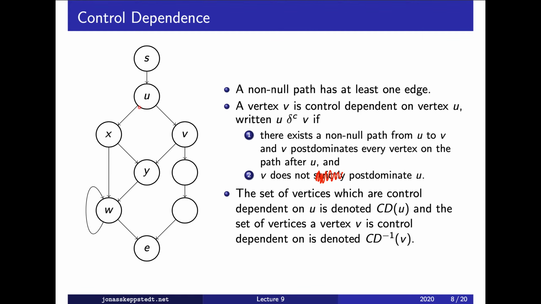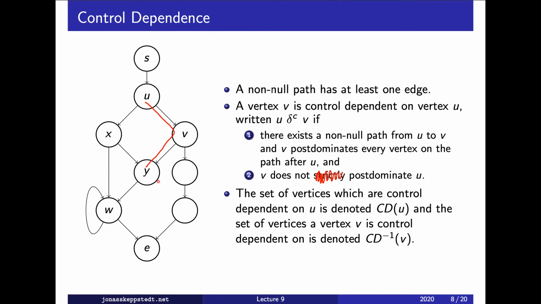Why? Let's say, first, Y does not postdominate U. It does not, since we can go from U to E without passing Y. So that criterion is satisfied, and what is not satisfied is that there exists a non-null path from U to Y, such that every vertex on this path after U is postdominated by Y. Well, it's not.